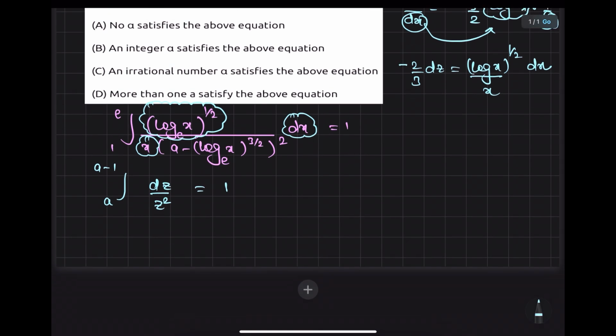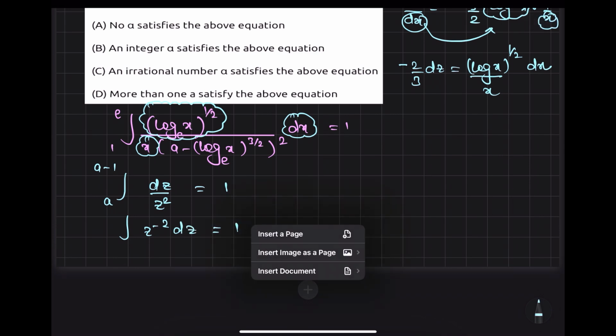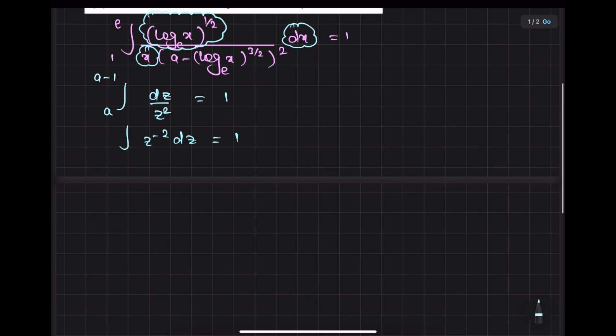Okay, now let's simplify things. So can I write z to the power minus 2 dz equals 1? Let's do the integration part. So z to the power minus 1 by minus 1.